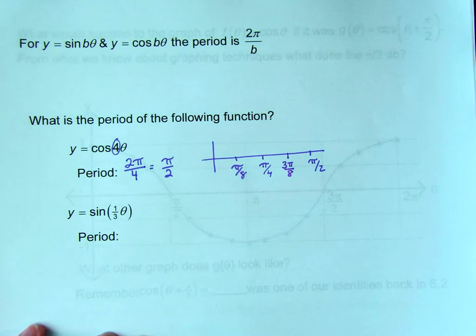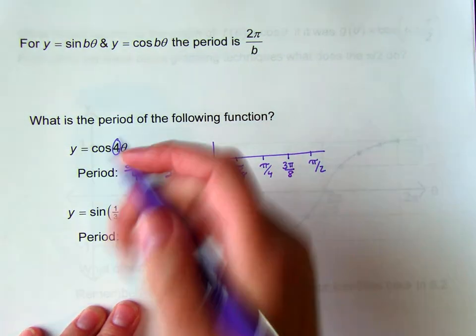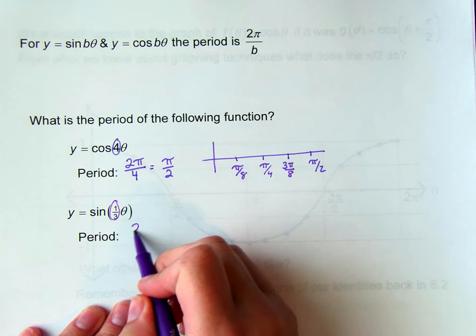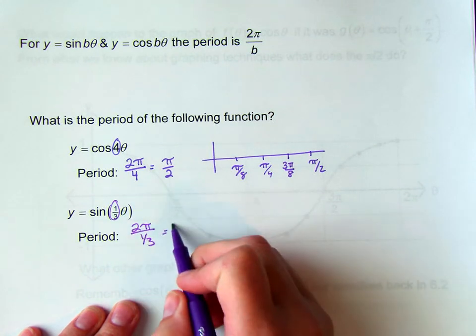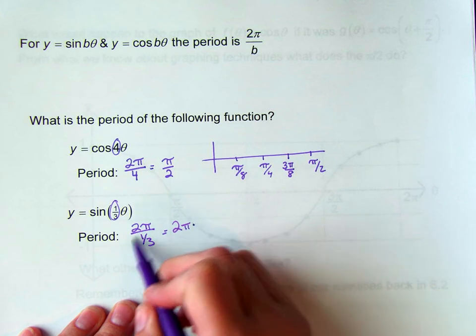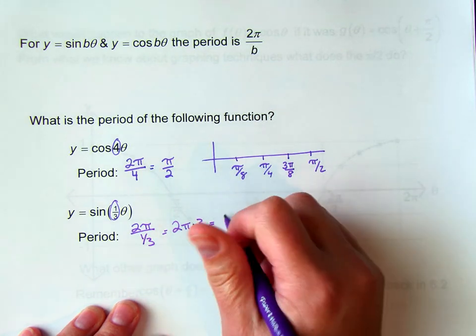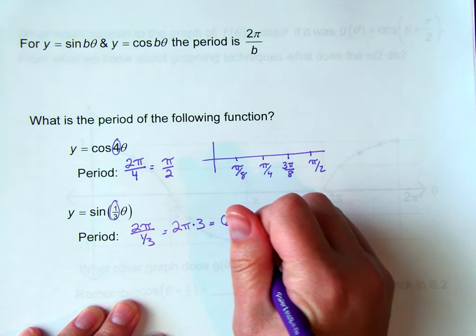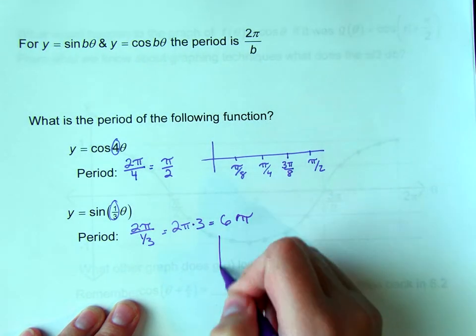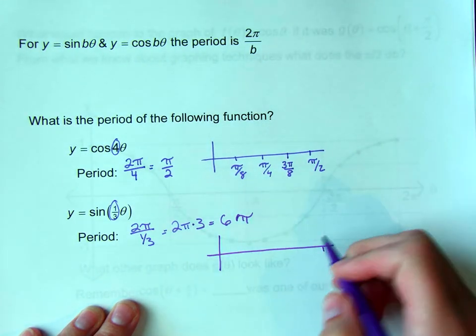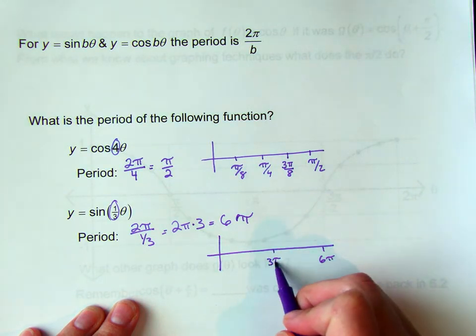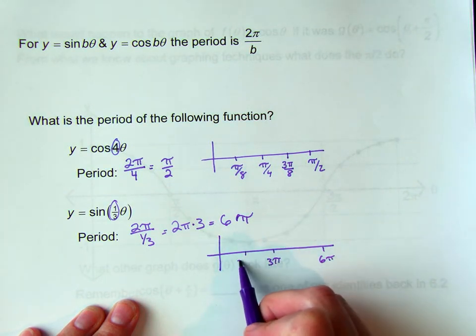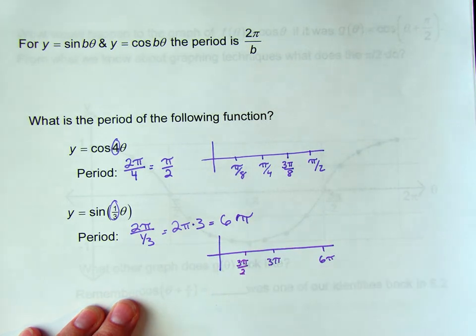All right, for y equals sine 1/3 theta, our b is 1/3. So I take our 2 pi and divide by 1/3. So I keep, change to multiplication, and flip. So our new period would be 6 pi. Again, for graphing that, I would go 6 pi, cut that in half, 3 pi, cut that in half, 3 pi over 2, and this is where it gets a little bit difficult.